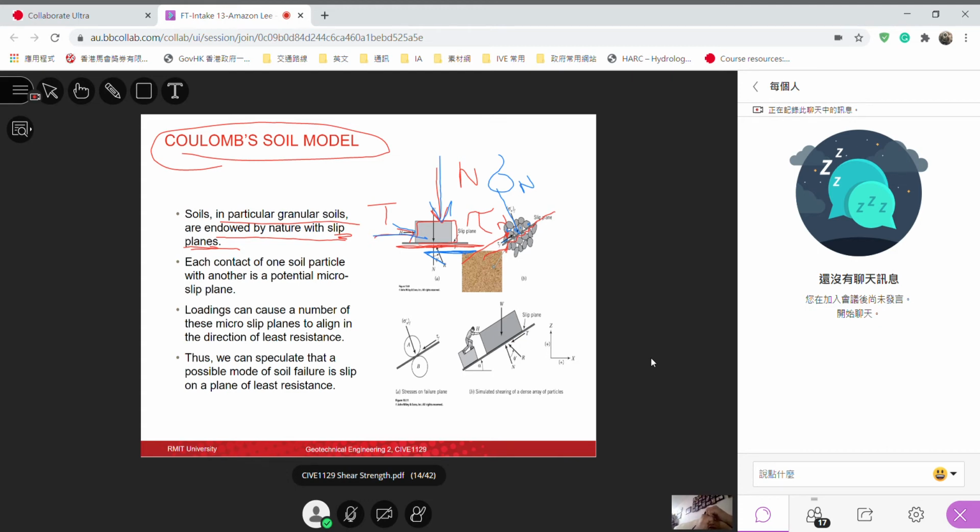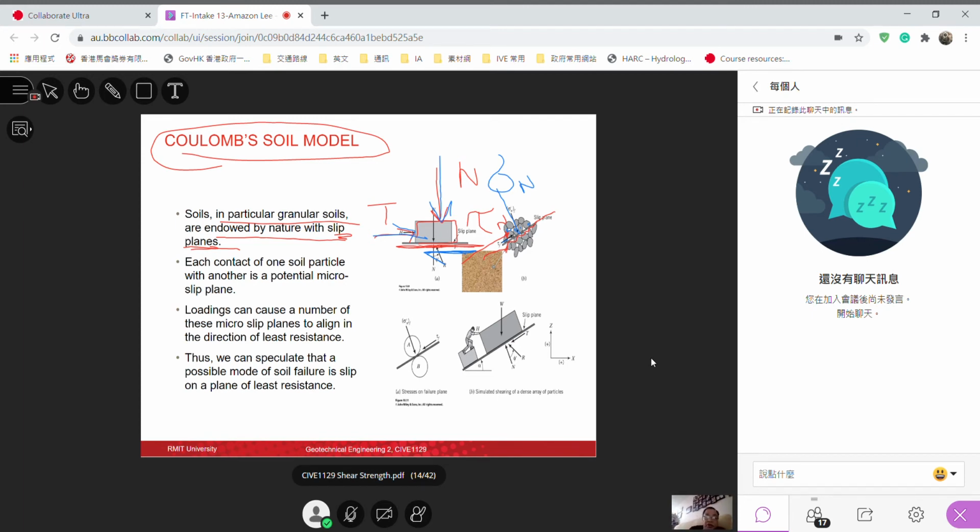So when the shear stress is large enough, they're able to rotate, get over each other, and start to move. There's very little damage to the soil particle itself. It's just the frictional surface, maybe with high enough shear stress, causing the particles to slip across each other and move, and that becomes failure.